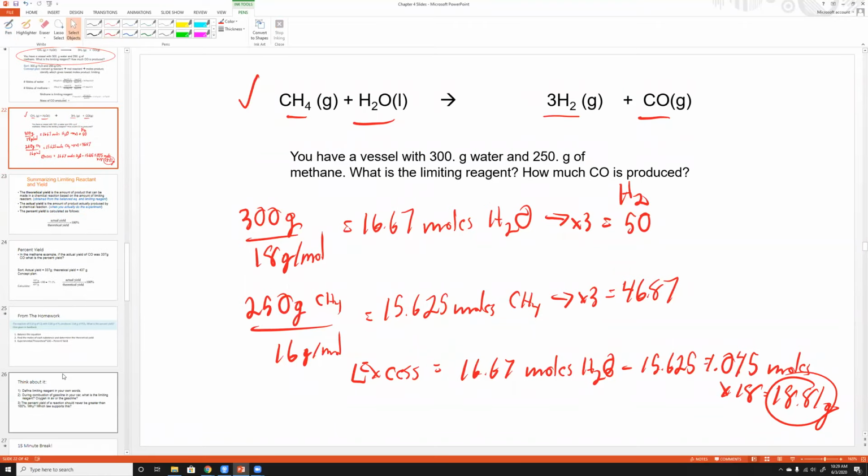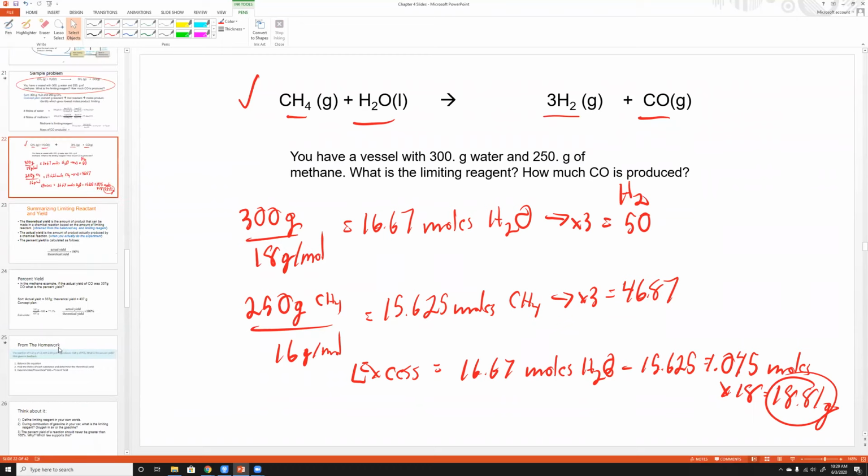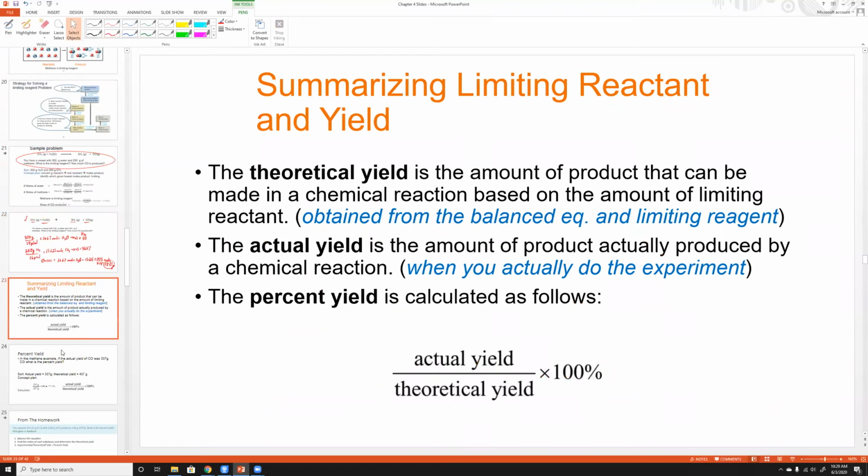Okay, so before we do another limiting reactant, let's go over another thing you can figure out. There's a thing called theoretical yield. Theoretical yield is the on paper amount of product that can be produced from a given amount of reactant.